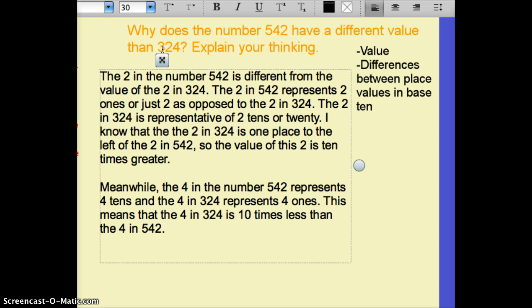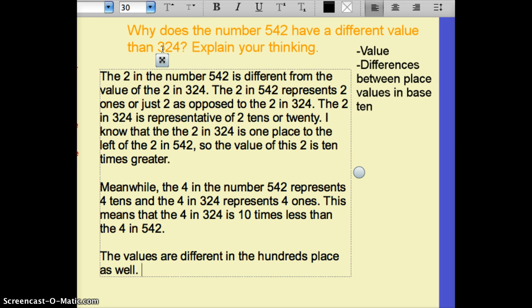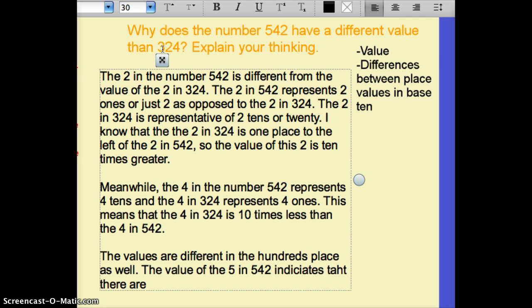And then I can go ahead and talk about how the values are different in the hundreds place as well. The value of the 5 in 542 indicates that there are 5 hundreds.